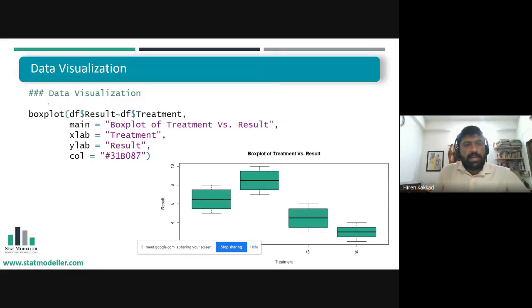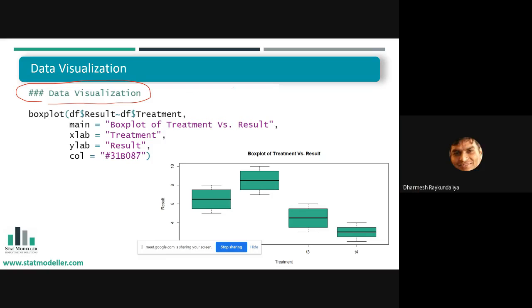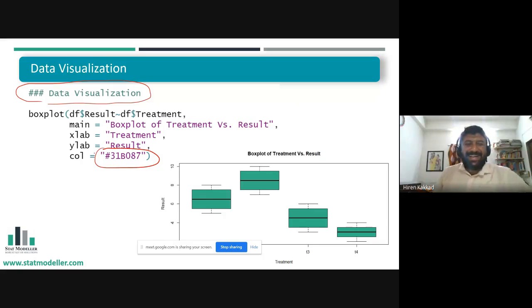Here, this is just a comment, and if you see my R code file, all the sections are there. He is saying in the box plot there is a column. This is color actually. So this is basically a color argument.